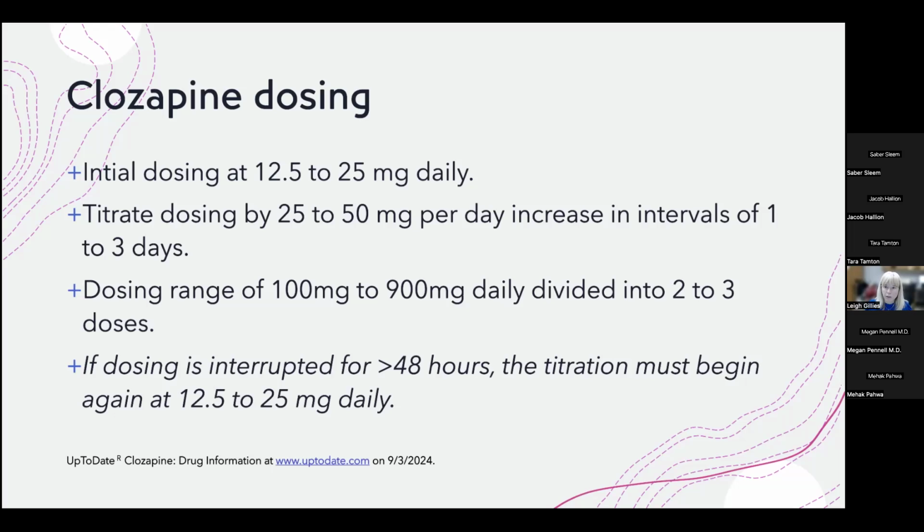But you do have to still do the retitration because there's an increased risk for myocarditis if we don't retitrate. Like if the patient comes in the hospital and they were previously on clozapine 300 milligrams at night, but they've been off of it for 2 weeks and we restart that 300 milligrams at night, they're at higher risk for myocarditis. So to avoid that risk or minimize it, we want to retitrate.